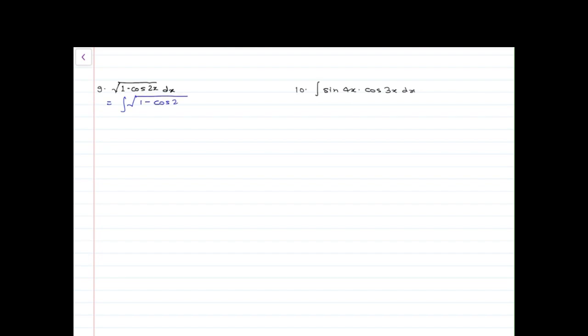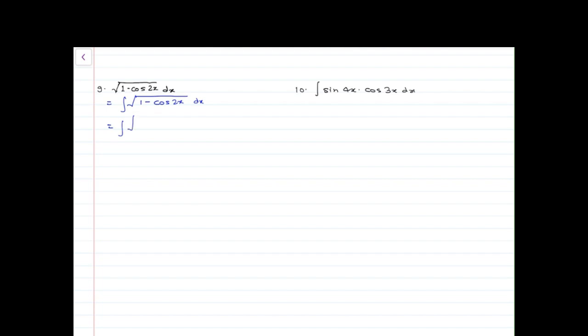Again, you need to do the simplification. So now we have two terms, right? 1 minus cos 2x. Cos 2x, again we have three formulas, but I'll use that formula which will make the question simpler.